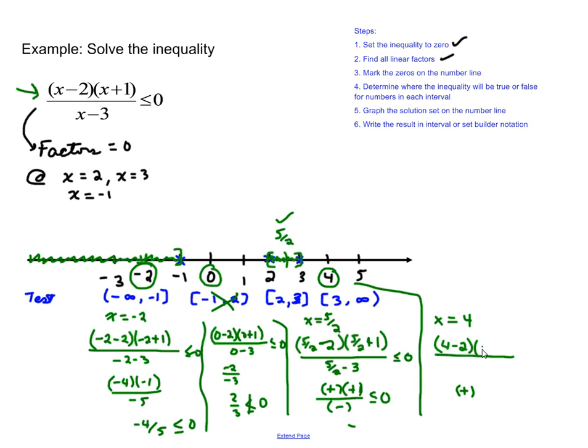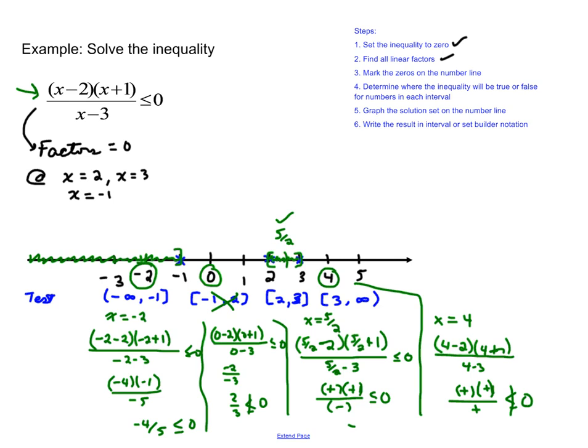We would have 4 plus 1 as a factor, and of course that's a positive number. And in the denominator we would have 4 minus 3, and once again that's a positive number. Is a positive times a positive divided by a positive less than or equal to 0? The answer is no, it isn't. So that is not part of our solution set.